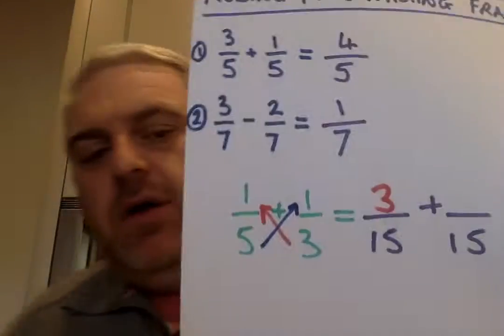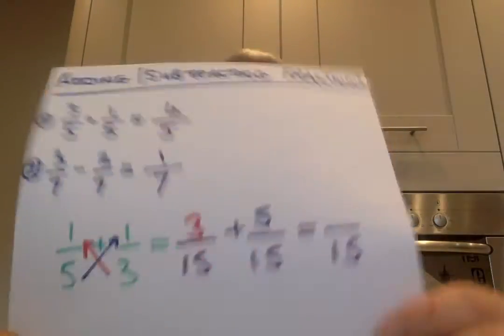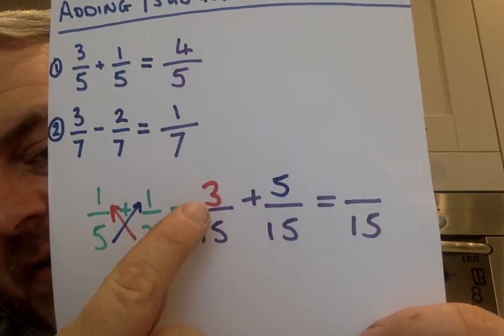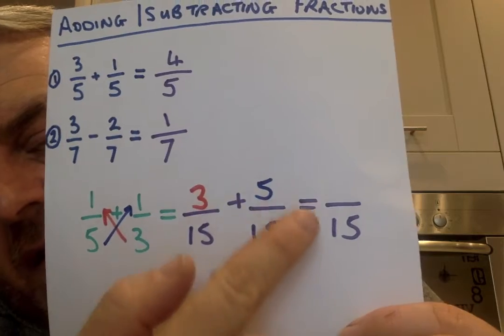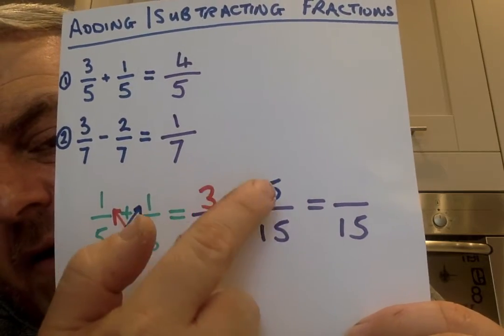I'm trying to do it in different coloured pens to help you out. So 5 times 1 gives me the number 5. So my new equivalent sum is 3/15 plus 5/15. Again, add our numerators, which gives me 8/15.